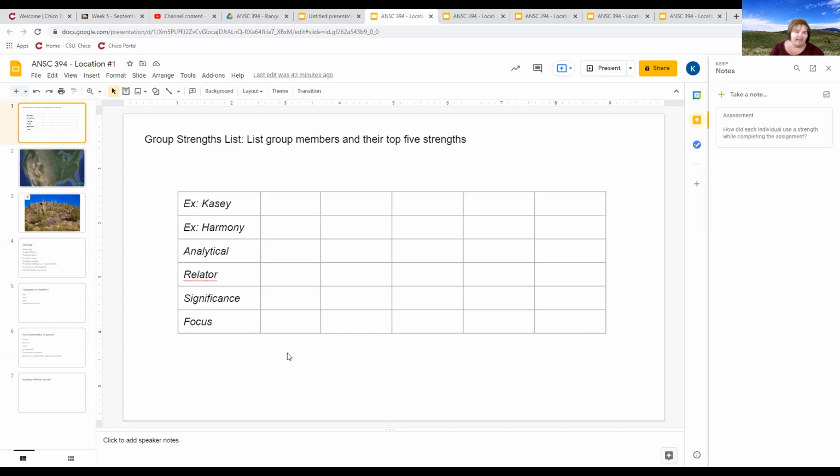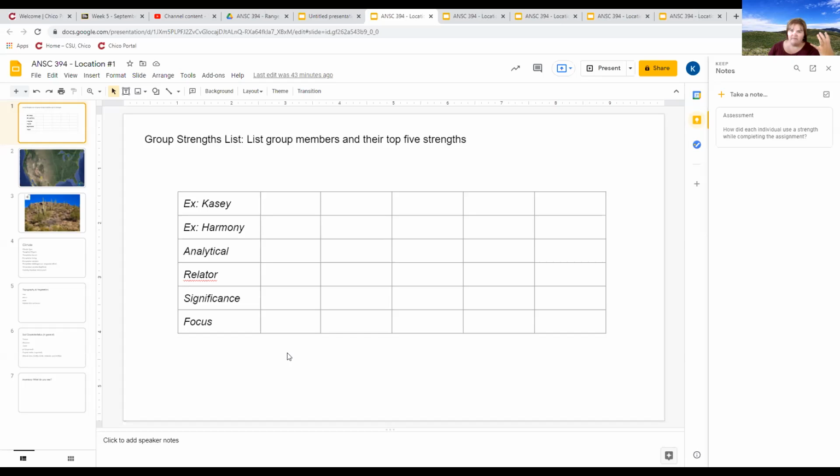I don't know if you're like that or not, but that really feeds my focus strength. So at the end of this, if somebody was in my group and noticed that I was always moving things forward to achieve the goal, you may just make that comment like, Casey, I saw you use your strength of focus this way during our exercise. All right, so just keep that in mind.